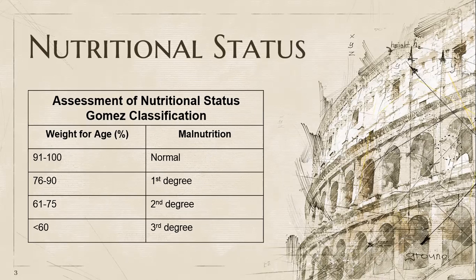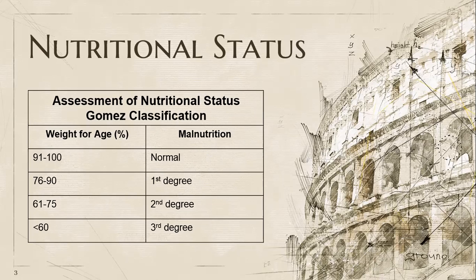PEM is classified by using Gomez classification. Here we can see assessment of nutritional status, Gomez classification, weight for age in percentage. For 91 to 100%, malnutrition is normal, means the baby is normal. The baby is not malnourished.